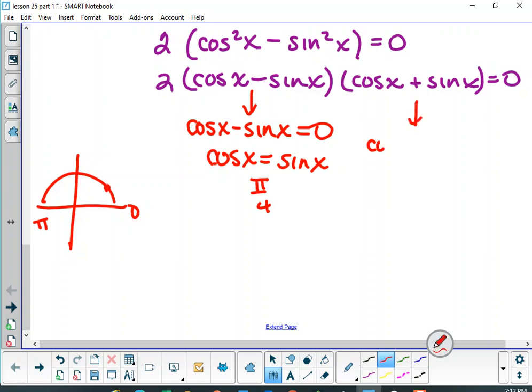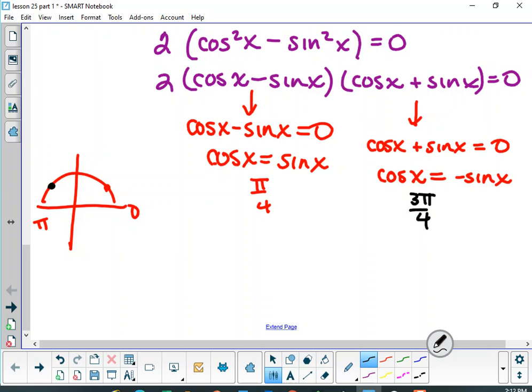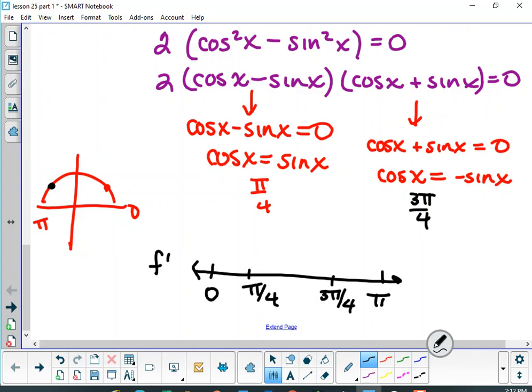For this one, the cosine and the sine added together make 0, so they are opposites of each other, which happens at 3 pi over 4. So I'm only going from 0 to pi, but one of my critical numbers is pi over 4, and one of my critical numbers is 3 pi over 4.